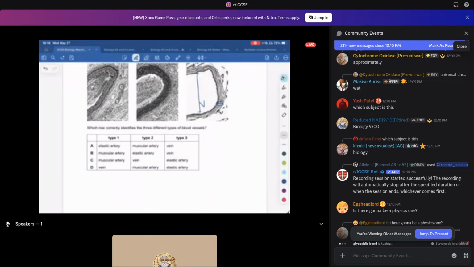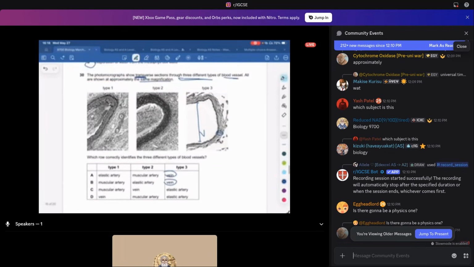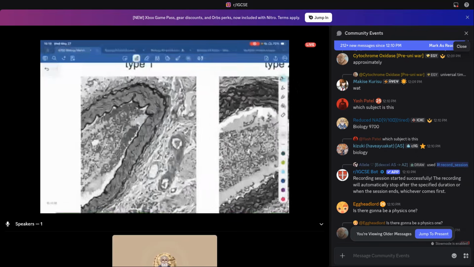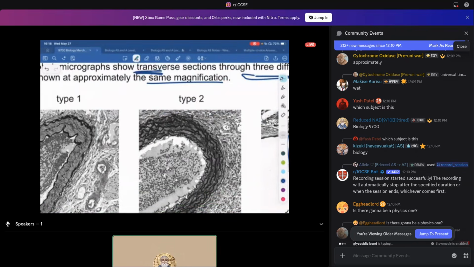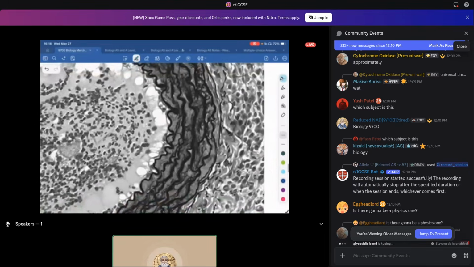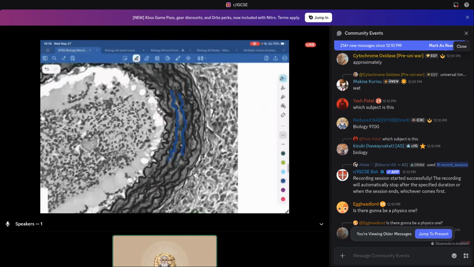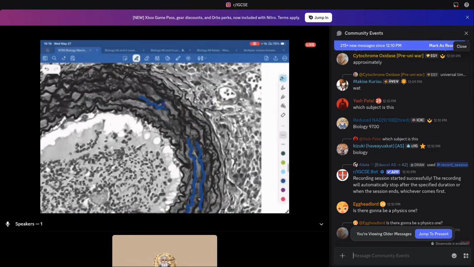I'm pretty sure that's clear from the wide lumen. So type 3 is vein. Now, type 1 and type 2, elastic or muscular. Now, elastic arteries, the elastic fibers will be clearly visible in the tunica media. Here, you can clearly see these black squiggly lines all around. They're very visible.